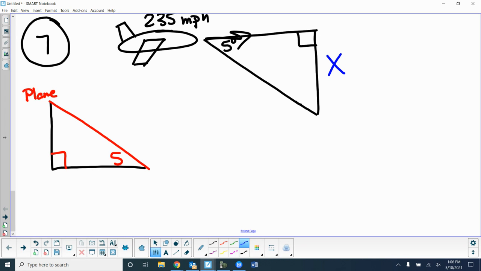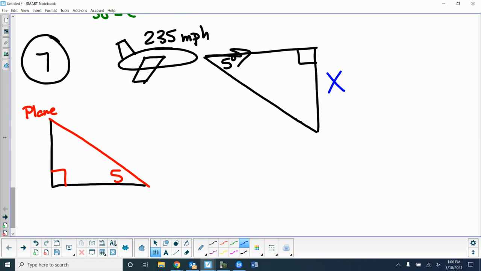So if it's going 235 miles per hour, how far did it go in 3 minutes? What do I have to do? Well, can I figure out how many miles per minute it goes? What would I have to do?